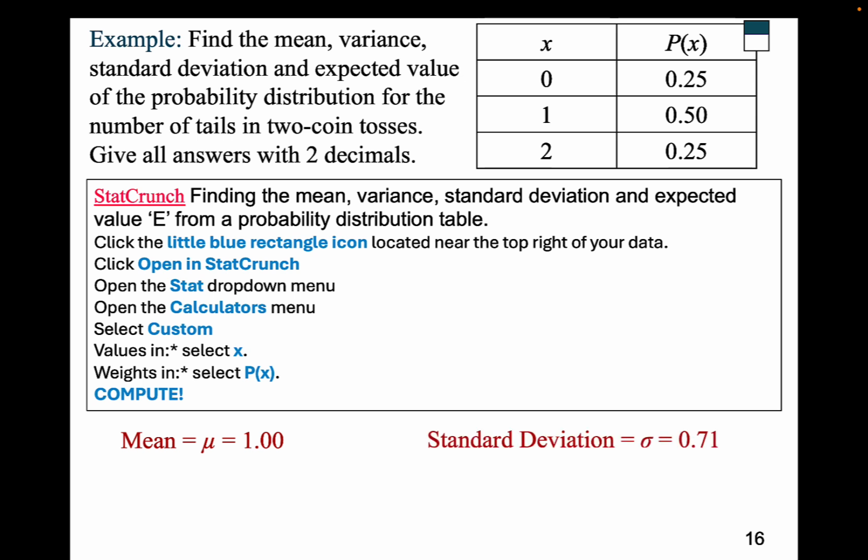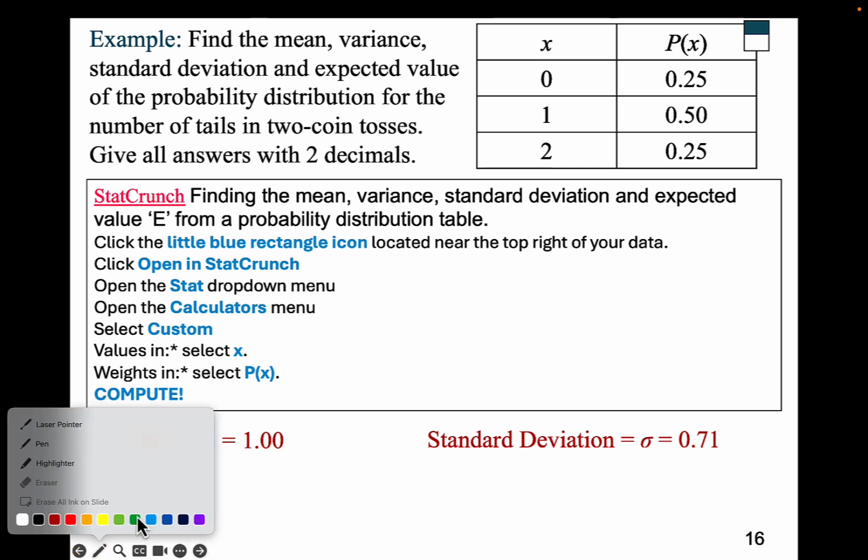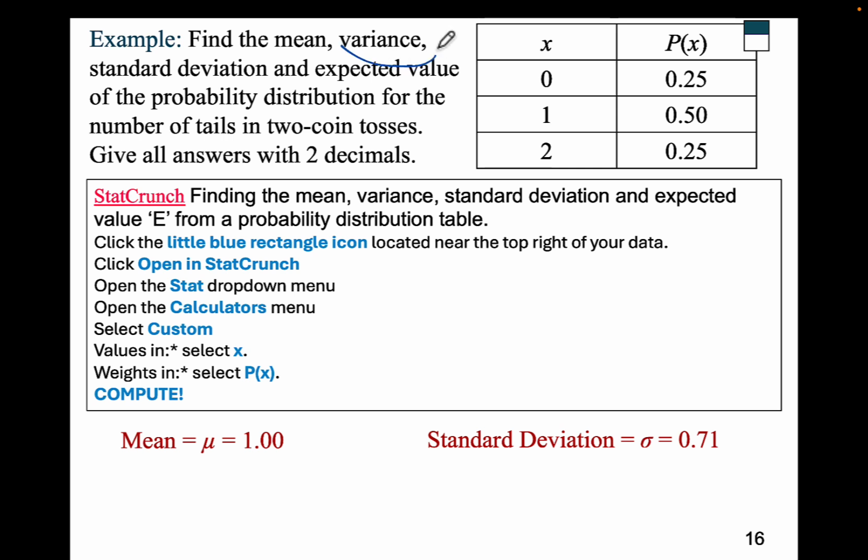It also gave us the standard deviation, rounded to 2 decimal places. Sigma is 0.71. It did not, however, give us 2 other things that were requested from us. It didn't give us the variance or the expected value. No problem. We can find those ourselves.